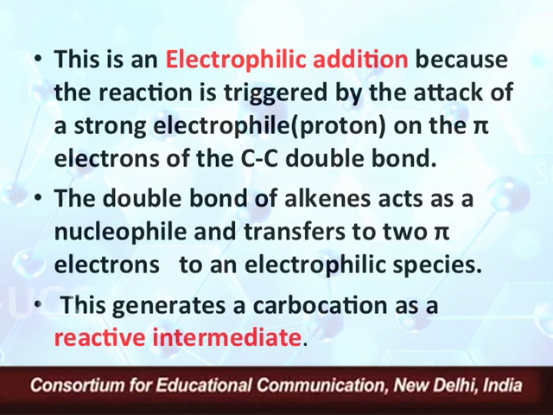In this case, the double bond of alkenes acts as a nucleophile and it transfers its 2 pi electrons to the electrophilic species, which in this case is a proton. This helps in generating a carbocation, which is a reactive intermediate.